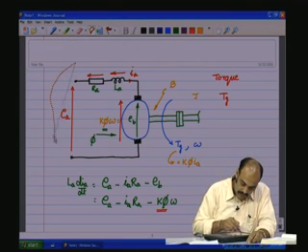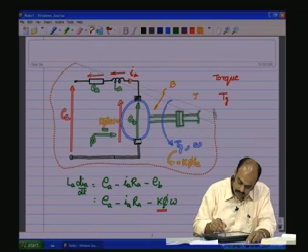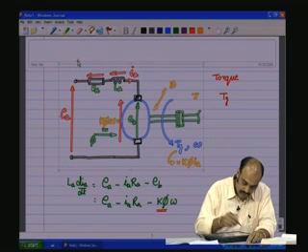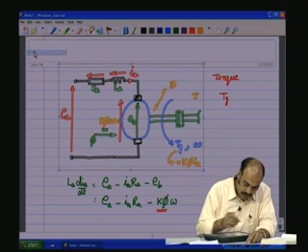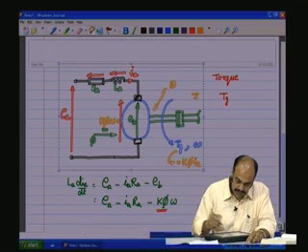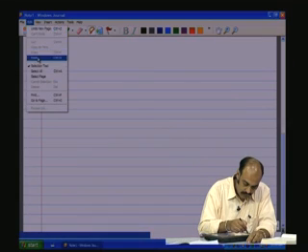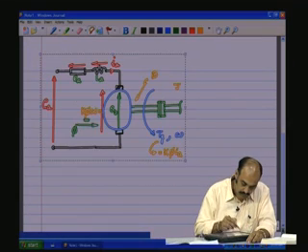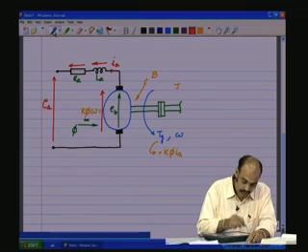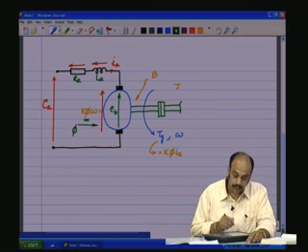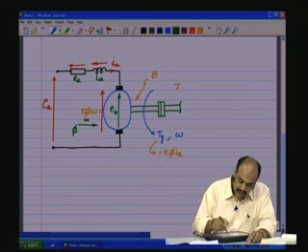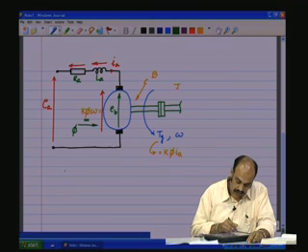Let us copy this. So we go to the next page. So now on the mechanical side there is a generated torque Tg.